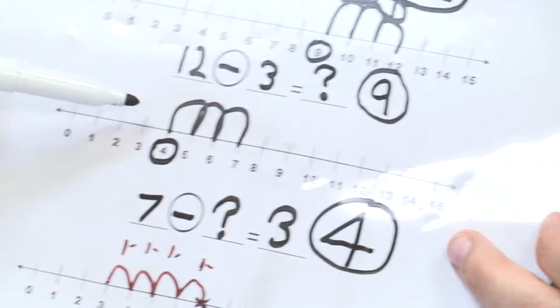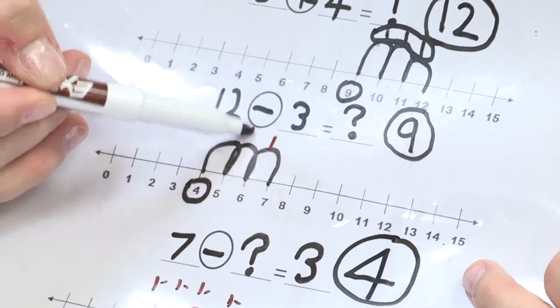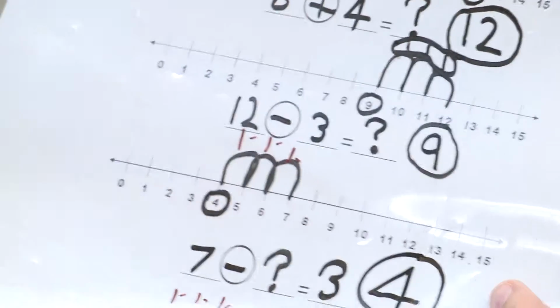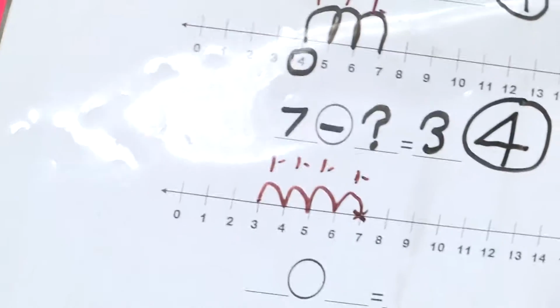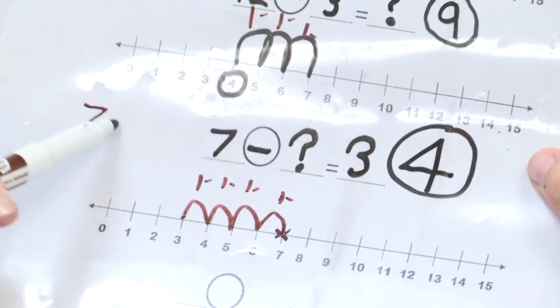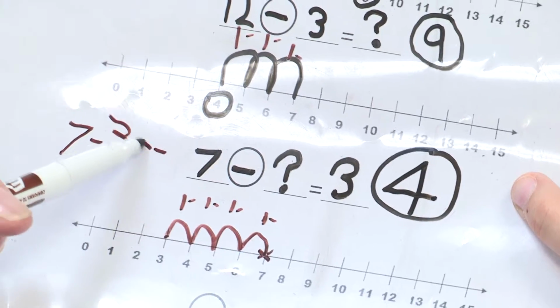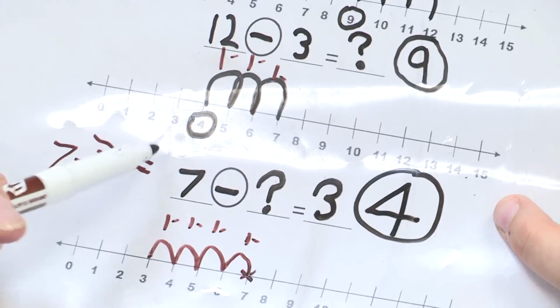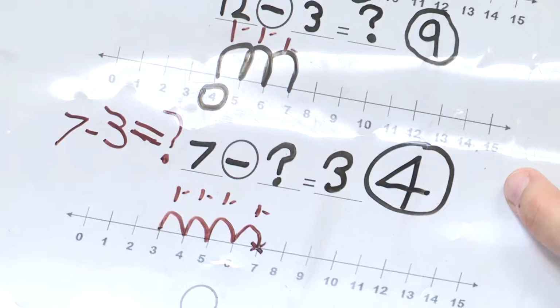Yes, he did. How many did he subtract? 3. So instead of doing 7 minus something equals 3, he really did 7 minus 3 equals question mark.